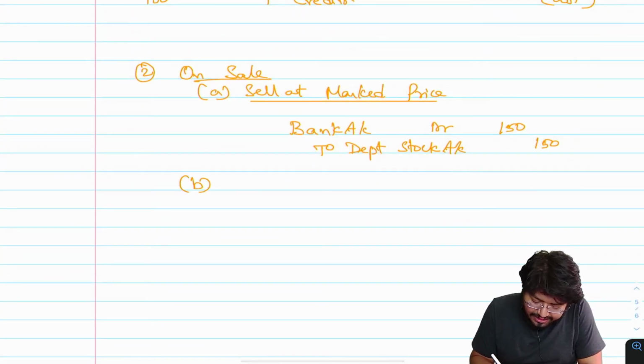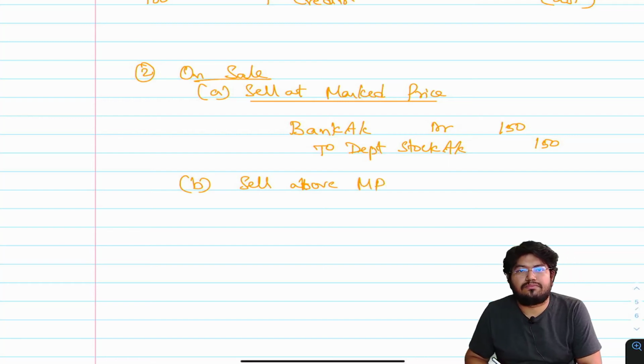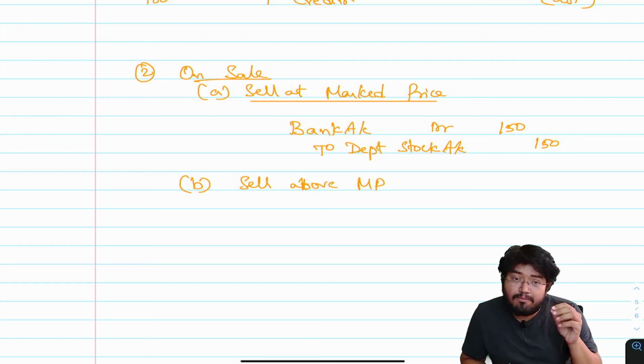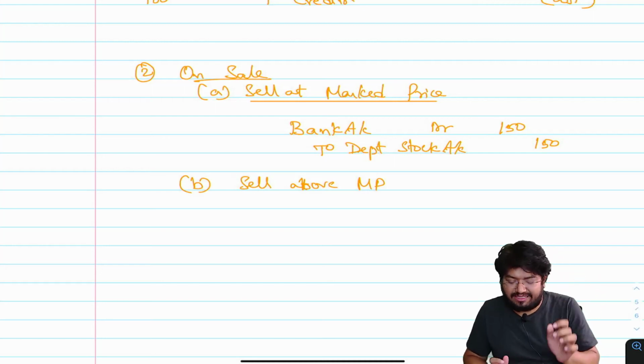Second possibility is I would sell at times above marked price. In such case I am going to receive more than 150, say 160.